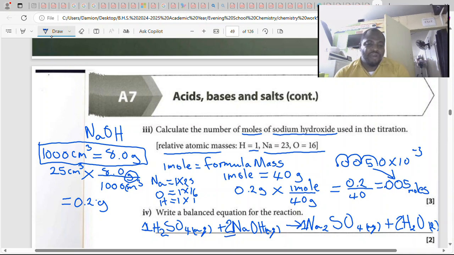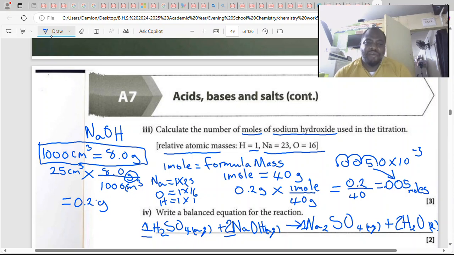So if you take this for example, the ratio is that every 1 mole of sulfuric acid, you're able to react with 2 moles. So it's a 1 to 2 ratio. Every time you have 1 mole of this, you have 2 moles of that. Which brings us to something they're going to be asking us. If I have a point, and this represents the moles of sodium hydroxide, so I have 2 moles of this in this case.